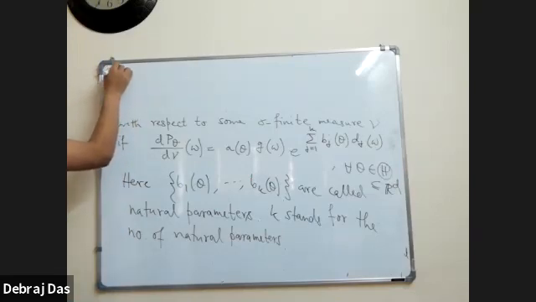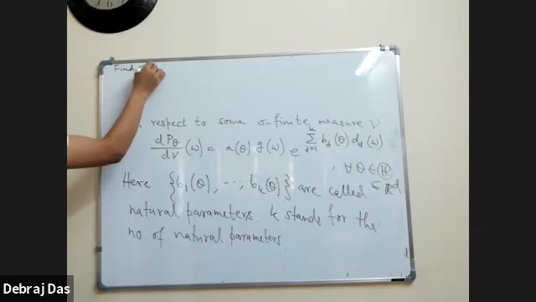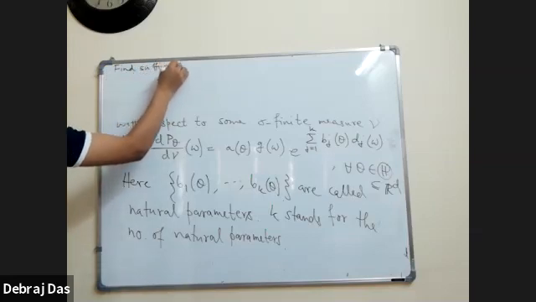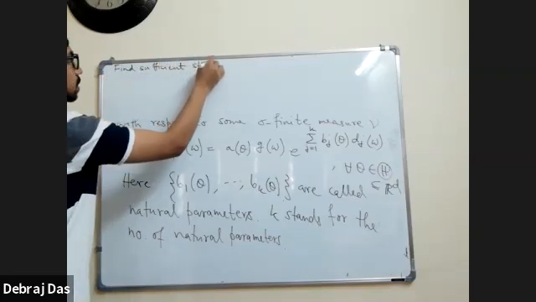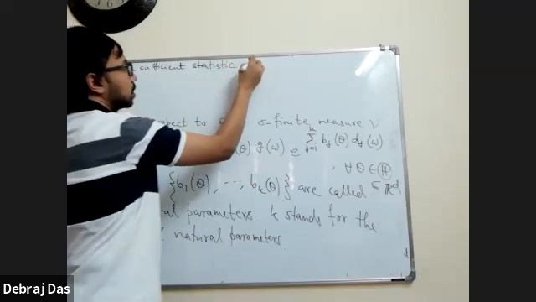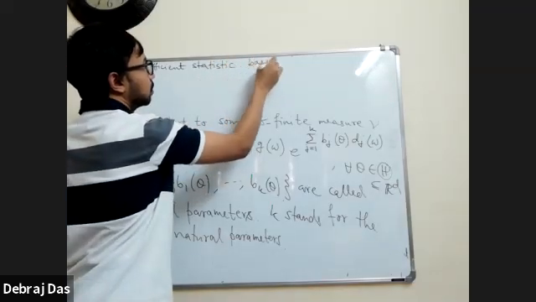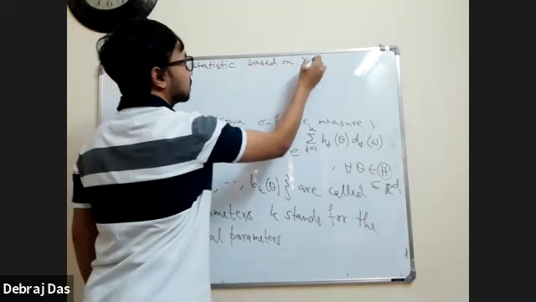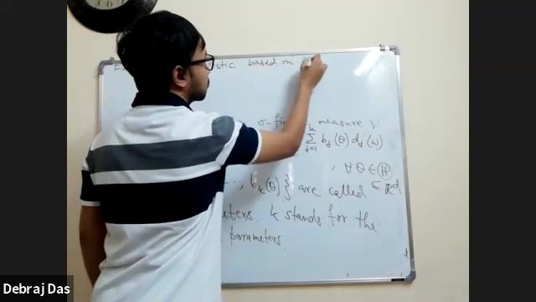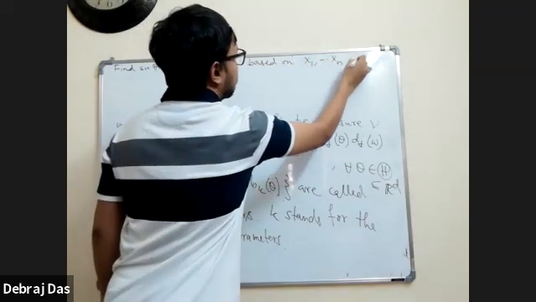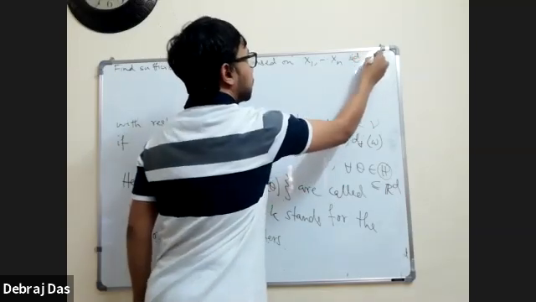So find the sufficient statistic based on an IID sample from a k-parameter exponential family.